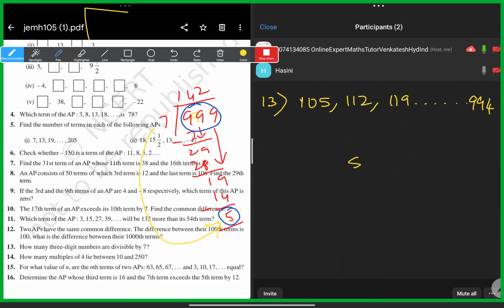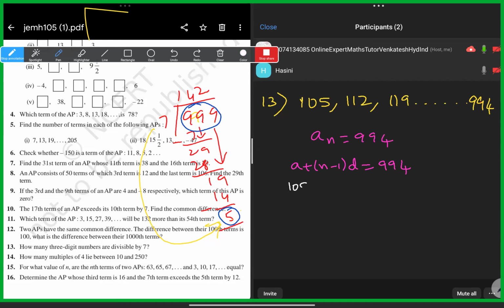Because we cannot write 119 plus 7, 126, like that all till 994, and count them lastly. That is the advantage of this a_n formula. So we are equating the last term, 994, to a_n and finding out its n value. a_n means a plus n minus 1 into d, equal to 994.